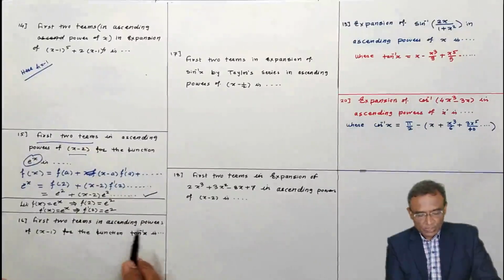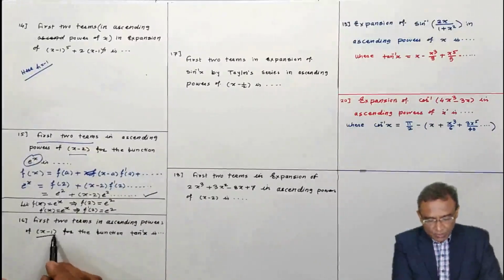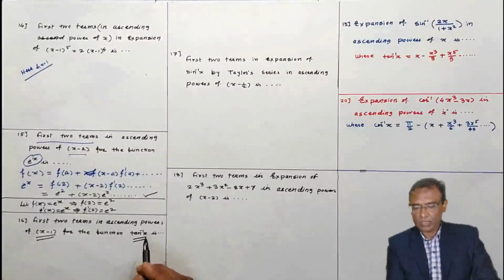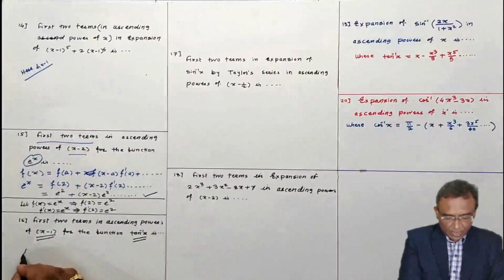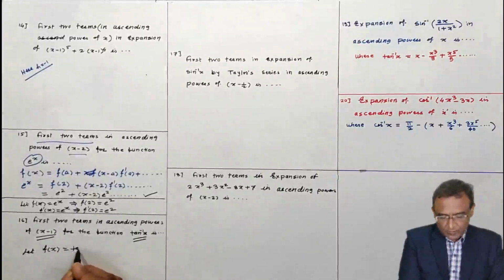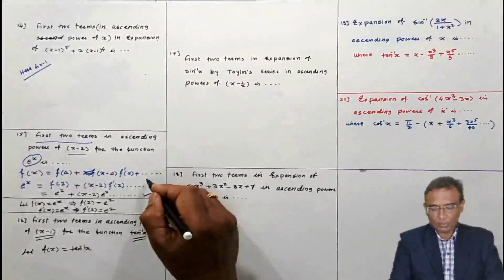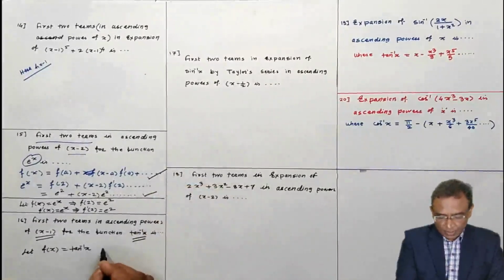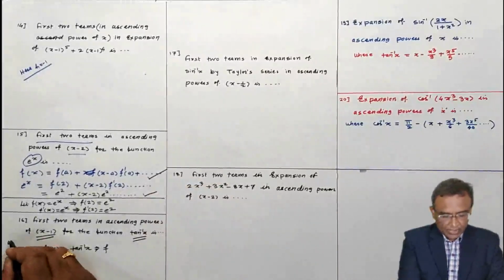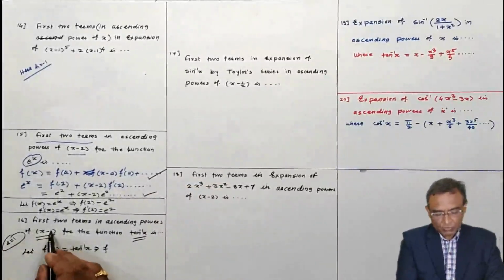Next, first two terms in ascending powers of x minus 1 for the function tan inverse x. Okay, here I am going to solve it very quickly. f(x) equals tan inverse x. The same formula. Then this implies here a is 1.